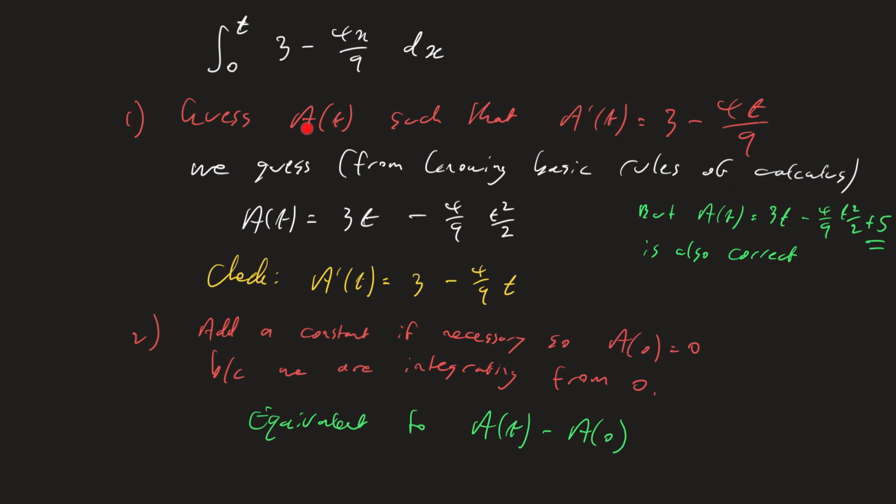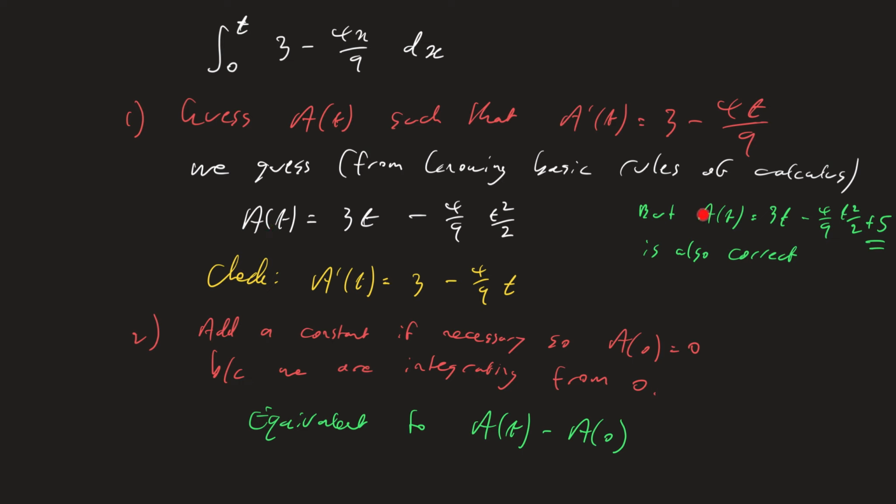We know that A of t has to satisfy the property that its derivative is equal to this function in here. Because we know that the derivative of x to the n is n x to the n minus 1, that quickly leads us into guessing that A of t is 3t minus (4/9) t squared on 2, as we check by differentiating it.